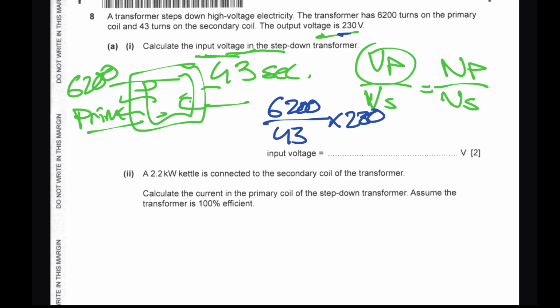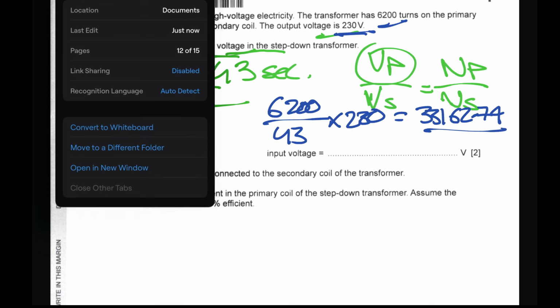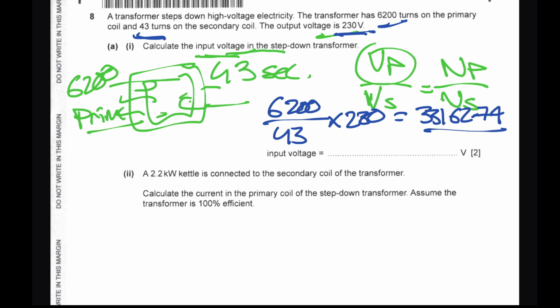So your input voltage, the raw value, is 33162.79. Again, we don't write all of that. We write a maximum of 2 or 3 sig fig. Because the values here are 2 sig fig, you can write up to 2 or 3 sig fig. So I would write 33200 volts. Or you can just write 33000 volts.